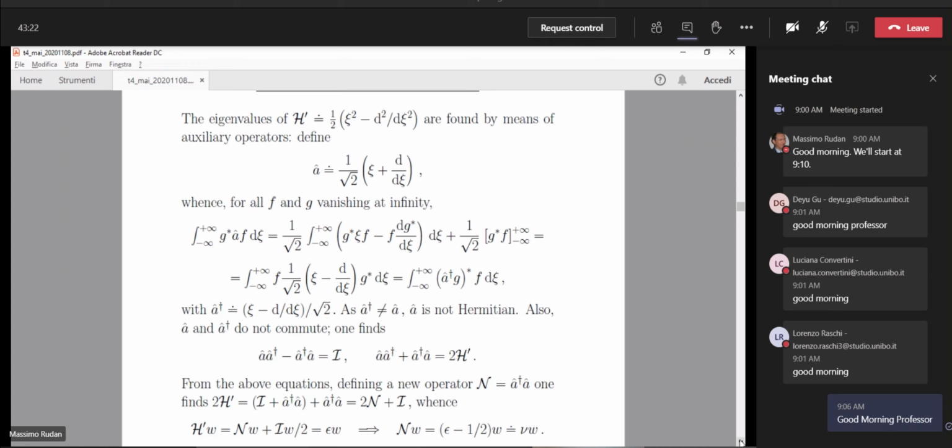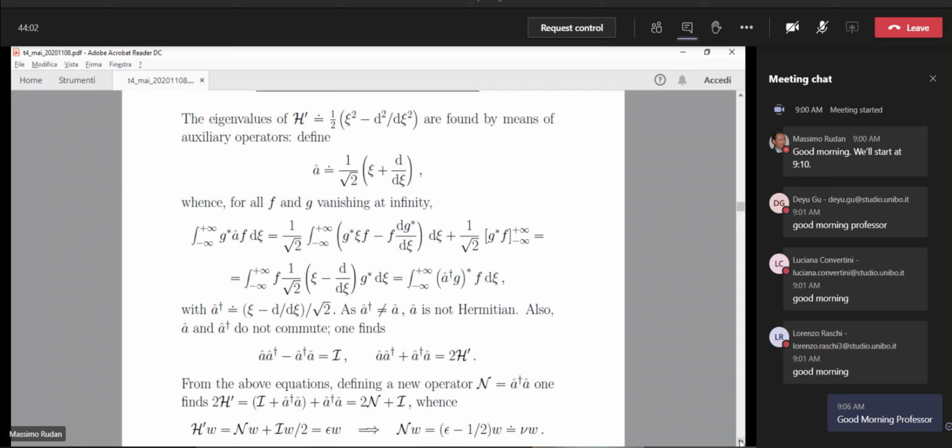And you see that by suitable combinations of them, we can reconstruct the Hamiltonian. We can also manipulate these expressions a little bit, because we can introduce a third operator that we called capital N. This operator is defined as a dagger followed by a, and it is called the number operator.